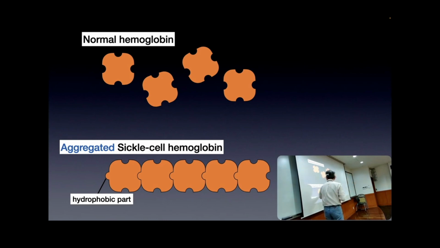So let's say this stuck out area represents the hydrophobic area. Normally this stuck out area should be buried inside, just like this area. It goes like this, but due to this genetic mutation, this hydrophobic area is placed on the surface of this hemoglobin protein. That's what happens.